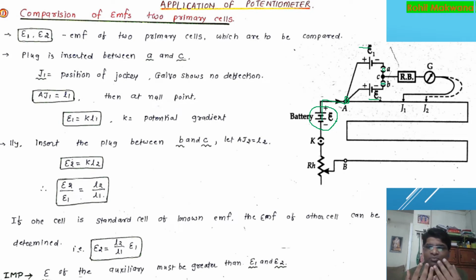So first we put the plug in A, then we put the plug in B. We will bring both of these cells one by one into the circuit, get their balancing length, obey the potentiometer principle, and that's it. Your EMFs are easily compared.